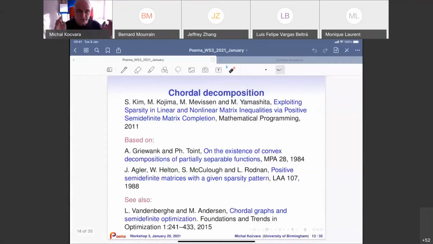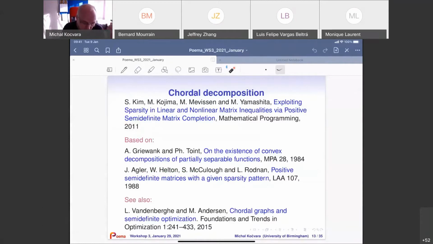Now, the chordal extension, or the chordal decomposition of positive semidefinite matrices, was introduced in SDP by the group of Masakazu Kojima in that paper. Actually, I think it was introduced before 2011, but it's nicely summarized in that paper.